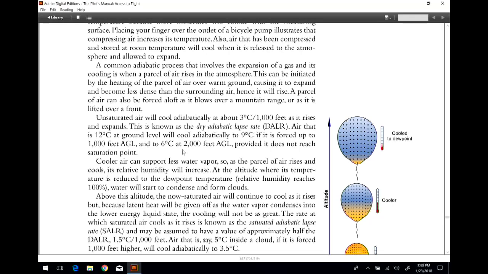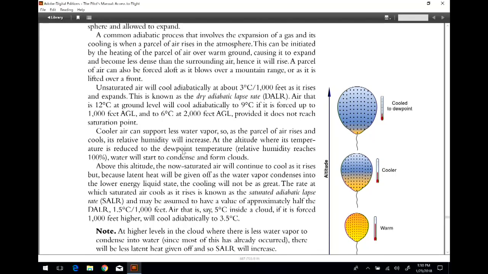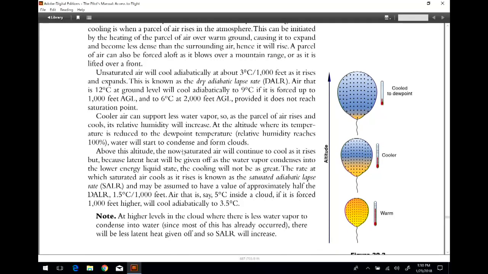Okay, that is the dry adiabatic lapse rate. So now, if you look at the saturated adiabatic lapse rate, or SALR, that changes its value to about half of the dry, so the saturated is going to change 1.5 degrees Celsius per 1,000 feet.